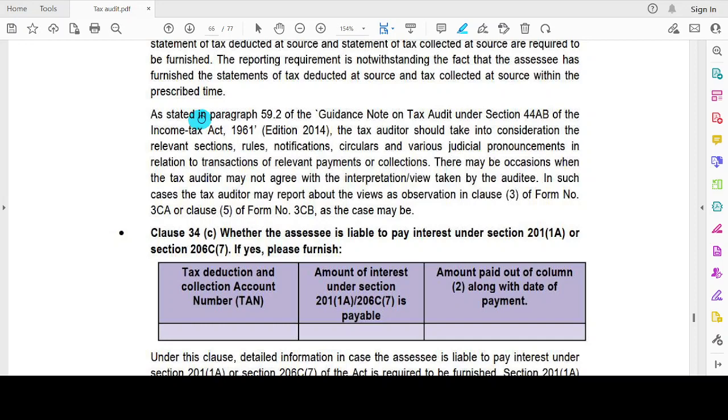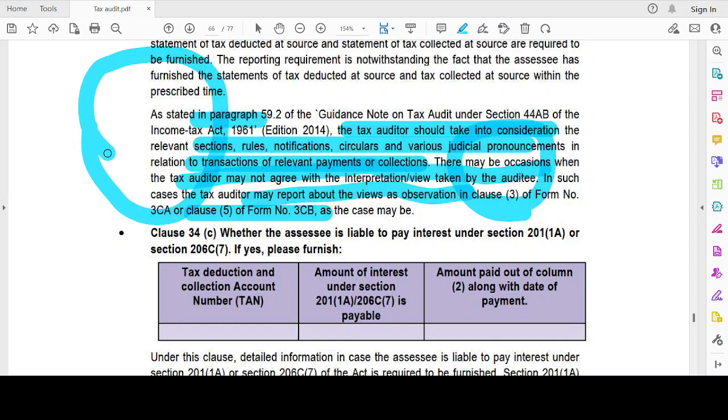See, as stated in paragraph 59.2 of the Guidance Note on Tax Audit, in section 44AB, the tax auditor should take into consideration the relevant section, rules, notifications, circulars, and various judicial pronouncements in relation to transactions of relevant payments or collection. There will be occasions where the tax auditor may not agree with the interpretation or view taken by the assessee. In such cases, the tax auditor may report the views as an observation in clause 3 of Form 3CA and clause 5 of Form 3CB, as may be the case.